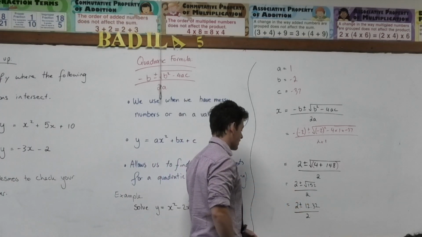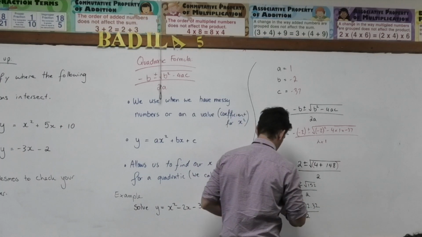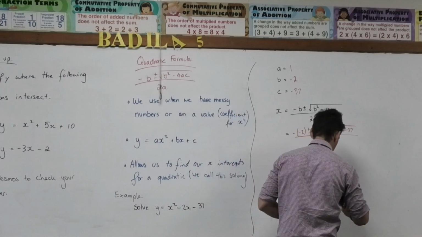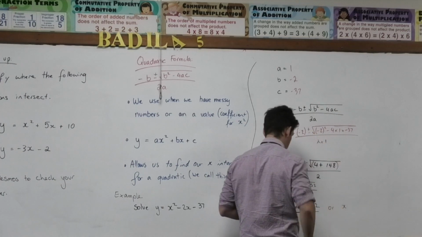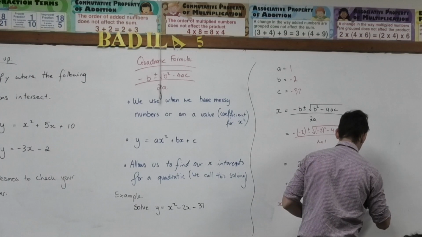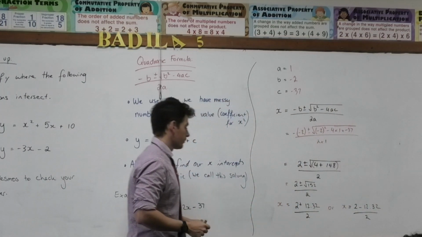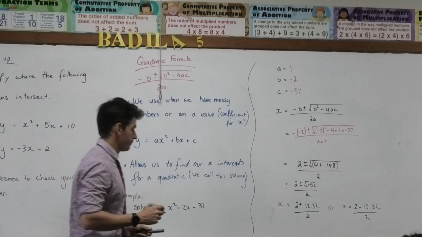So what I'm really saying here is x equals that, or x equals 2 minus 12.33 divided by 2. And I'd shove those into my calculator.